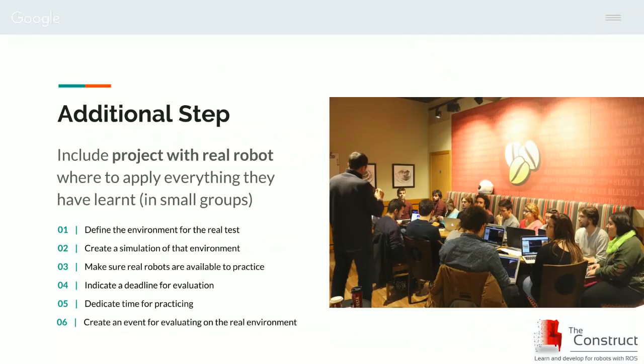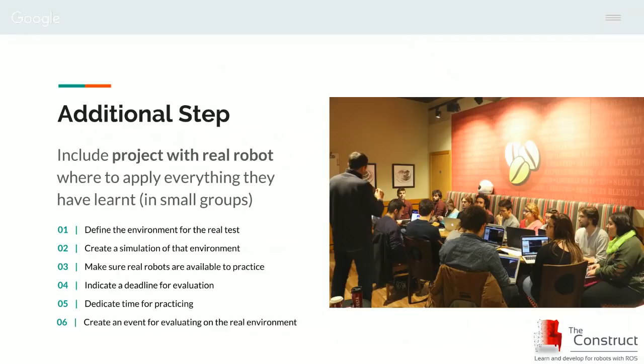For example, for those students that you can see here in the picture, they had to create a robot that serves coffees to the table in a coffee shop, and that's the actual coffee shop where they were going to be tested. So that's a real place. Okay, then you have to create a simulation of that environment. Why?